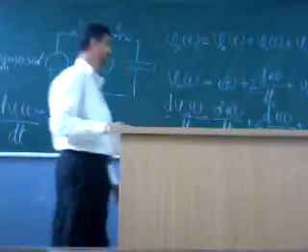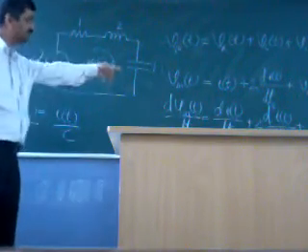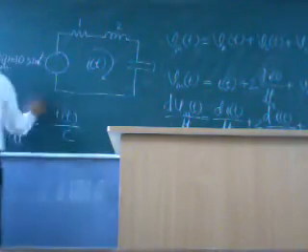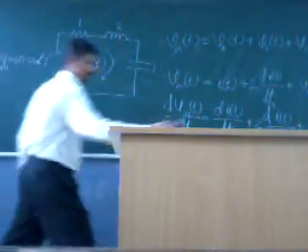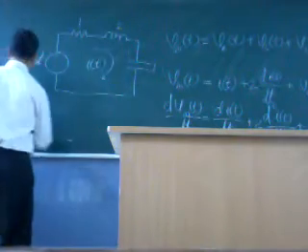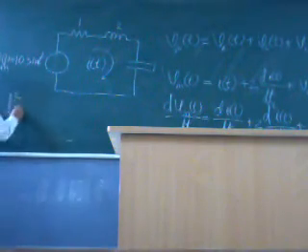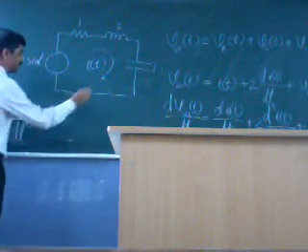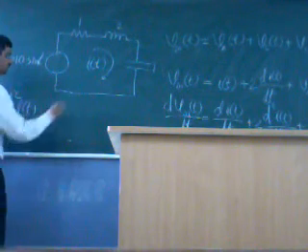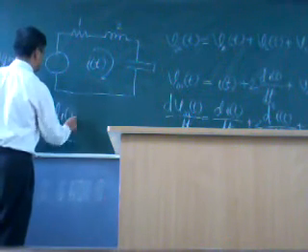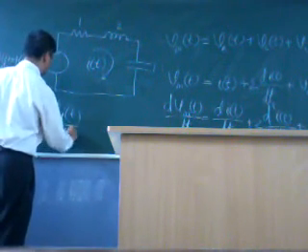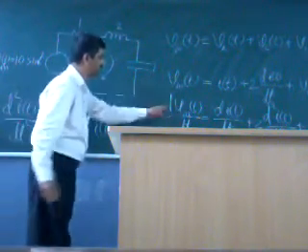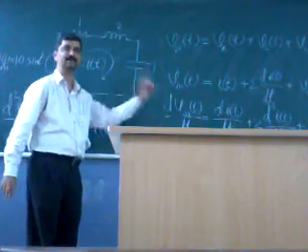Now to find the equation, the entire differential equation what I get is 2 d2i(t) upon dt square plus di(t) upon dt plus i(t) is equal to dV_in(t) upon dt.